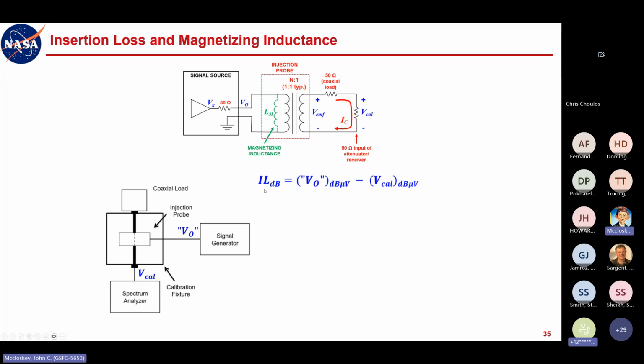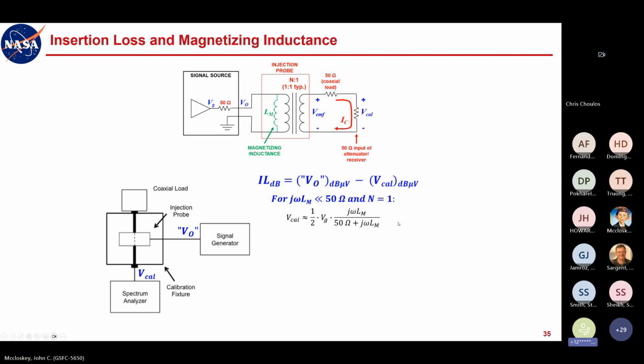And so the insertion loss in dB is defined as the displayed V out setting minus what you measure at the spectrum analyzer. So again, the V out level is not really V out if you're not putting 50 ohms out here. You're putting 100 ohms, and then at low frequencies, it's something different because of the magnetizing inductance.